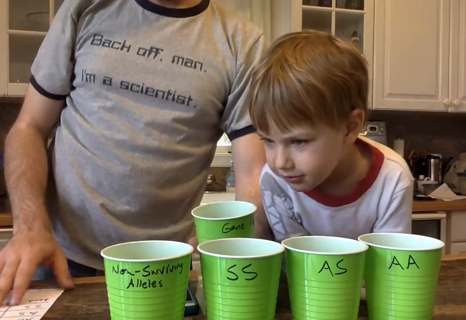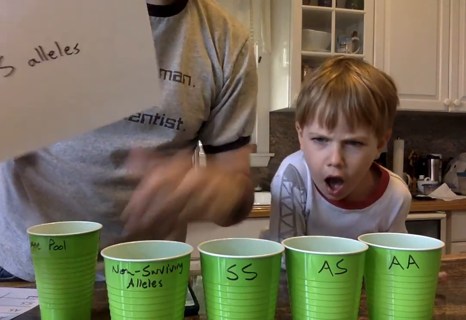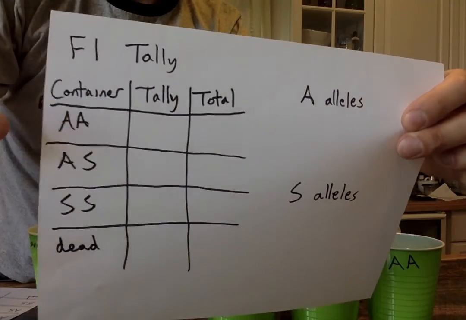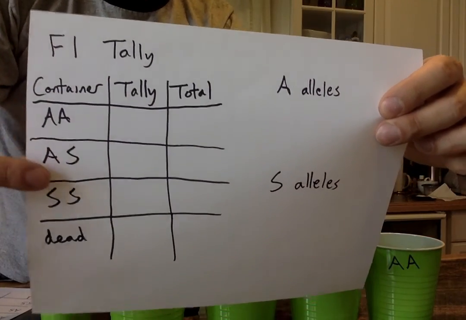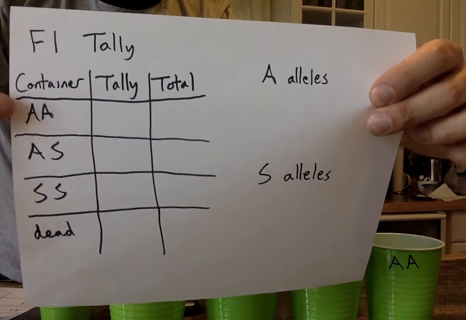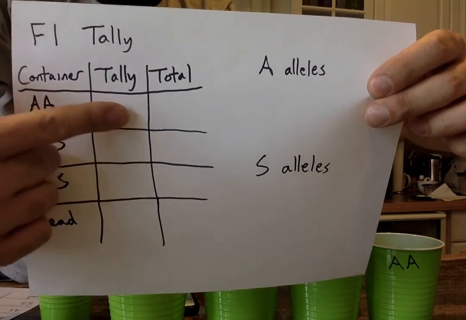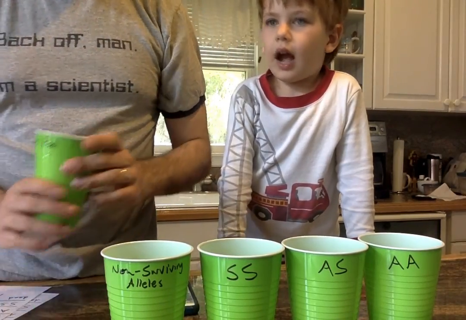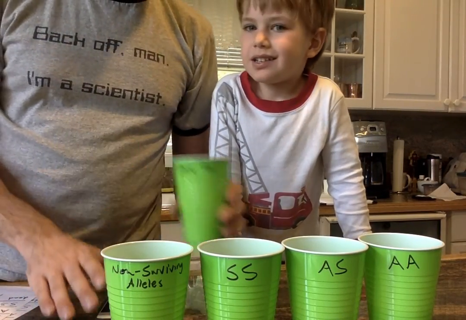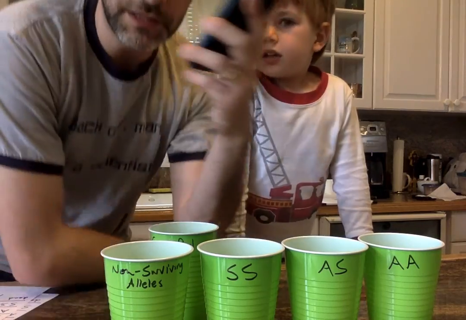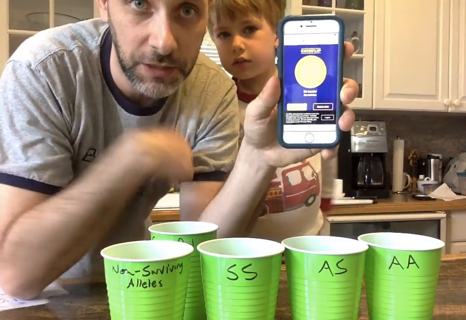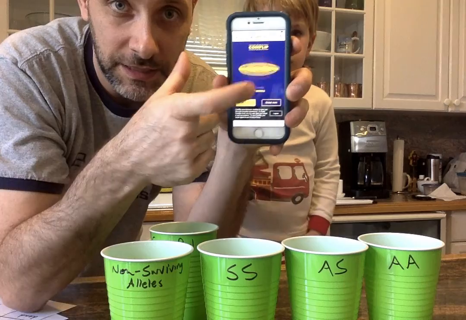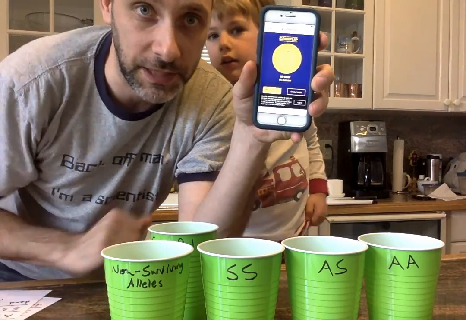You have a data table in your worksheet for F1, which is the first filial generation, where you can tally every time you do it. Lastly, you'll need a coin to flip, or I'm just using a coin flip app that you touch and it says heads or tails.